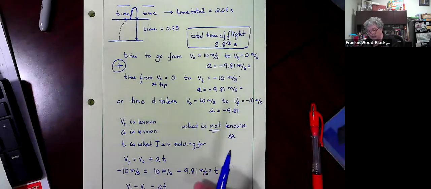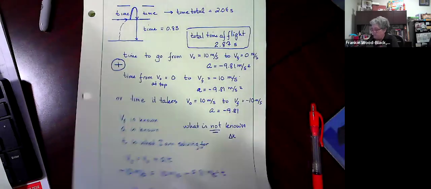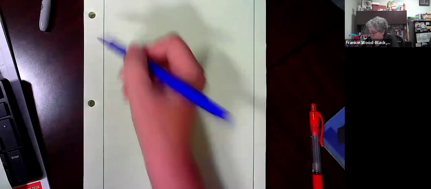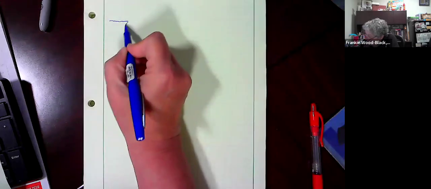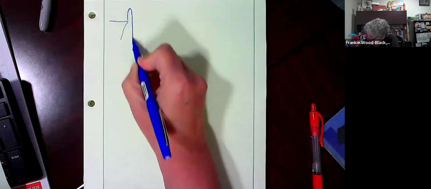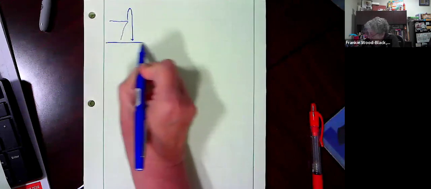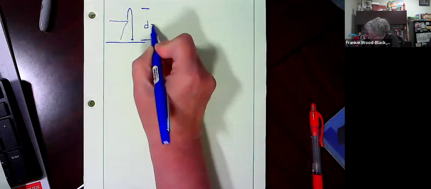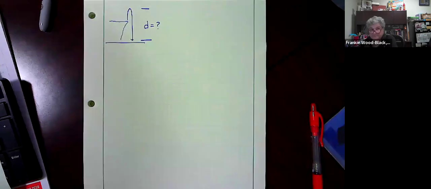So let's do the last one. Going to look at the problem a little differently. This time our ball goes up like this and comes down, and the question was asking, what's this distance? We want to know that distance.